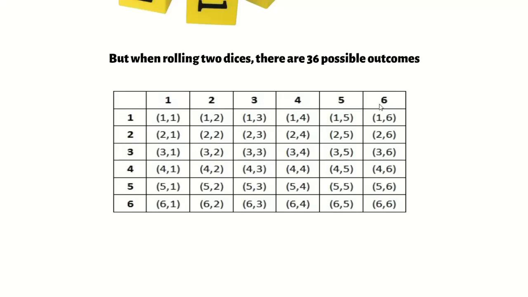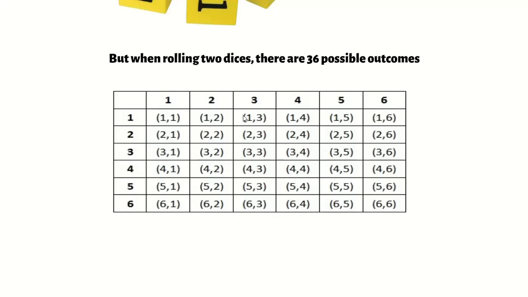If we consider the row as the first dice and the column as the second dice, then if we roll both dice, we may have 1 on the first dice and 1 on the second dice, or 1 on the first dice and 2 on the second dice, 1 on the first dice and 3 on the second dice, and so on, up to 6 on the first dice and 6 on the second dice. If you count all these possible outcomes, there will be 36.